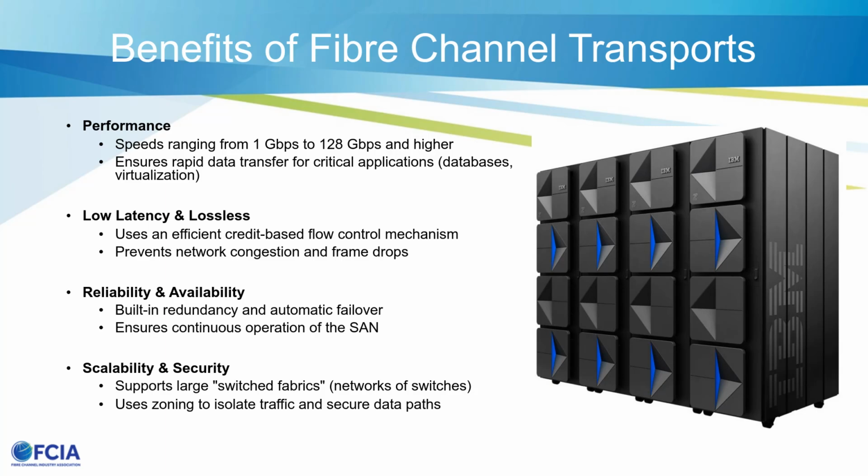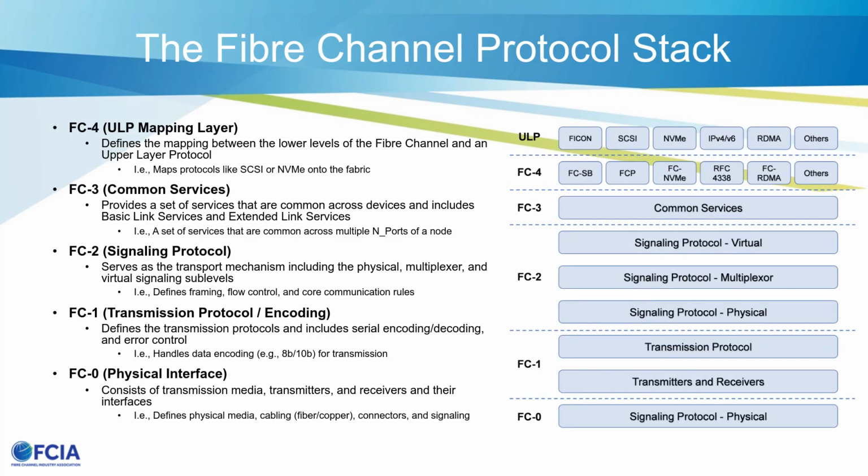So zoning is a large part of the success of Fibre Channel. It ensures that even though a SAN has many devices in it, only the administrator is really calling the shots and deciding who is allowed to communicate with whom.